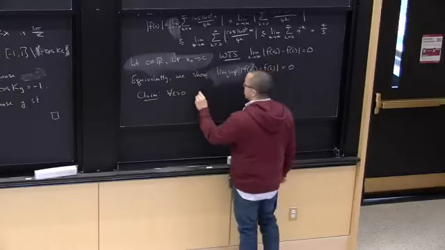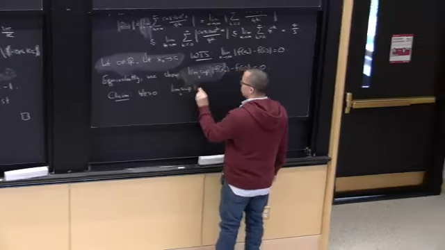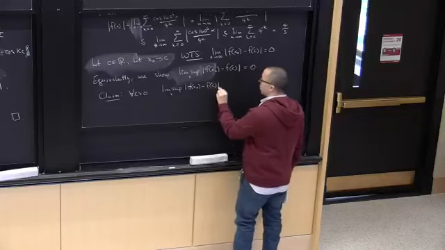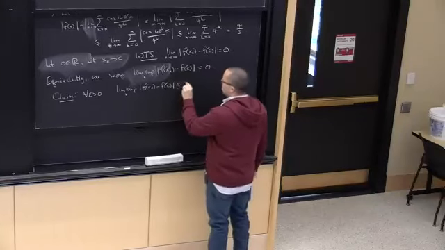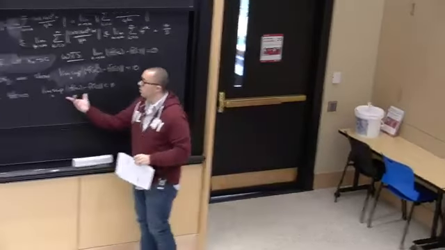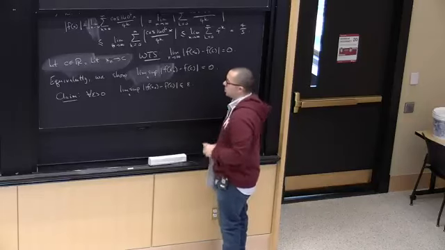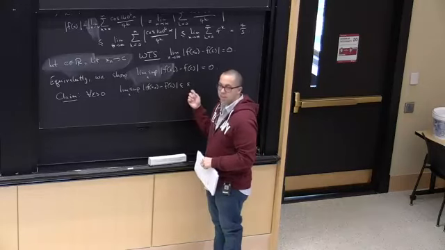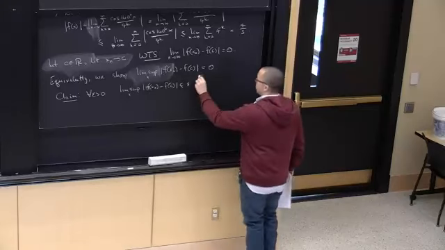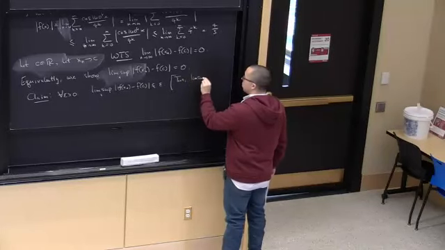We'll show that for all epsilon positive, the lim sup of the absolute value of f of x_n minus f of c, which is a non-negative number, is less than or equal to epsilon. Okay? So this is a fixed non-negative number which is smaller than any number that I want, and therefore it has to be 0. Proving this thus proves the lim sup is 0.